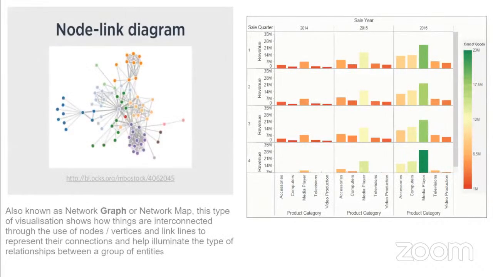So a node-link diagram is also called a network graph or a network map. It's a visualization that shows how things are interconnected with the use of nodes or vertices and link lines to represent their connections and help illuminate the type of relationships between a group of entities. So you find that we have links, we have networks.